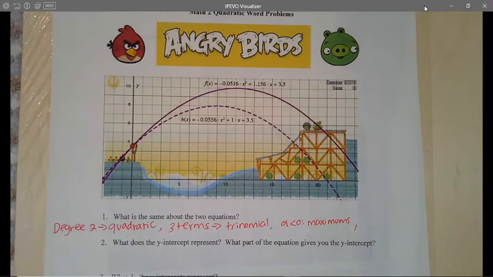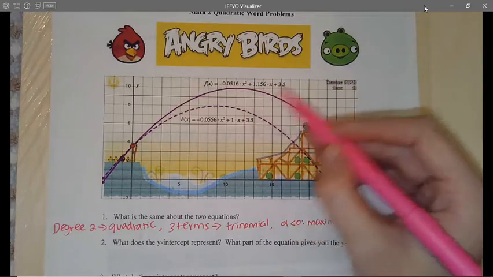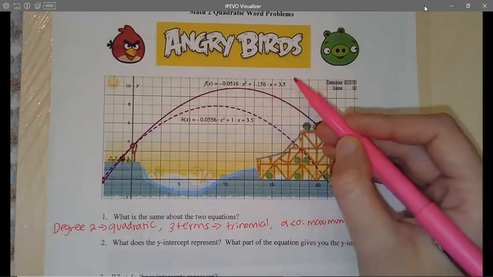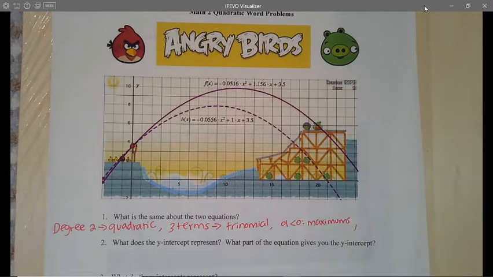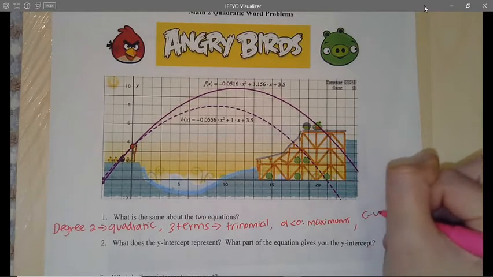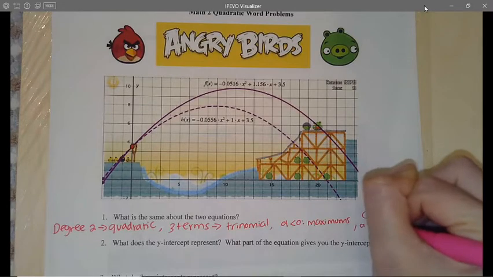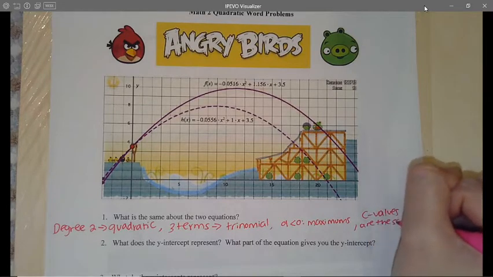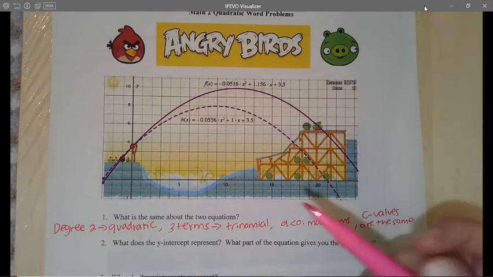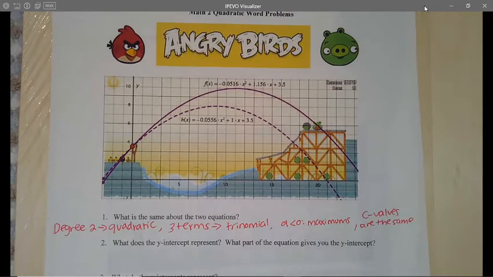All right, let's see here. Something else that I notice about the two graphs. Do you guys notice anything in common between the c values? The c values are the same. And if you guys remember, when we're in standard form, what do the c values represent in your graph? The c values represent the y-intercept when you're in standard form.